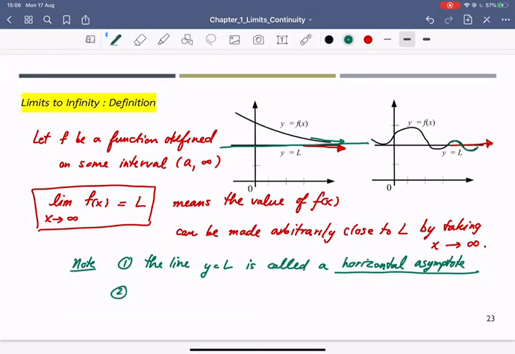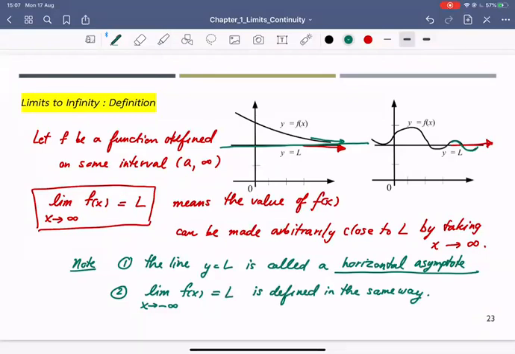Also, the limit of f(x) when x goes to negative infinity equals L is defined in the same way. Just consider the case that x goes to negative infinity, so just the other way. That is how we figure out limits to infinity.